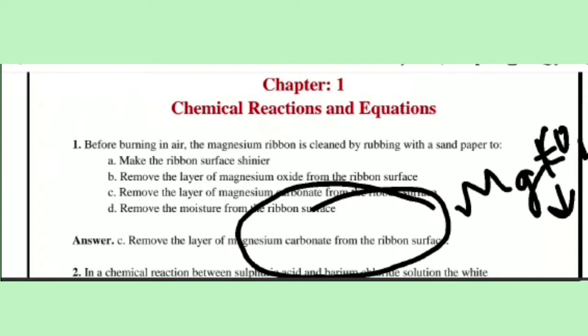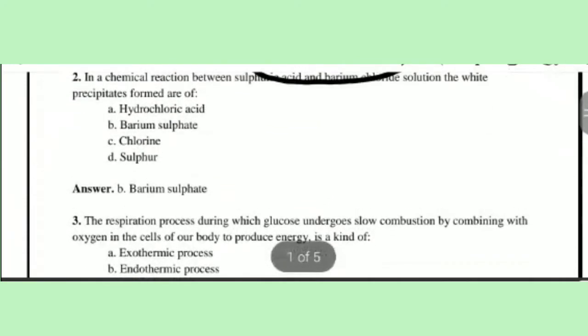So here option C will be our correct answer. For removing the layer of magnesium carbonate, we use sandpaper.